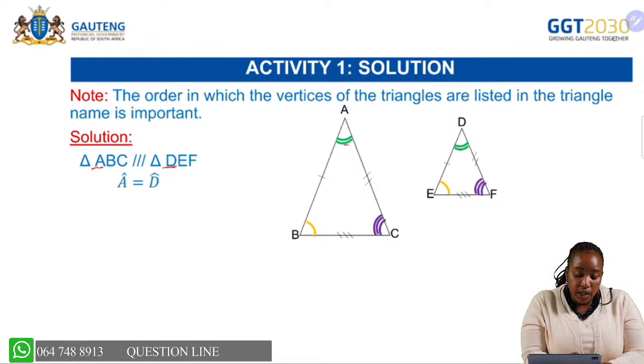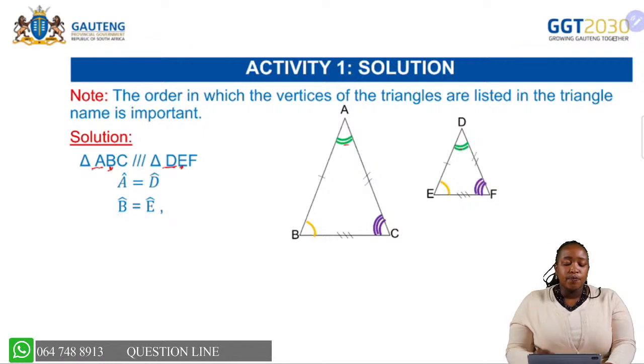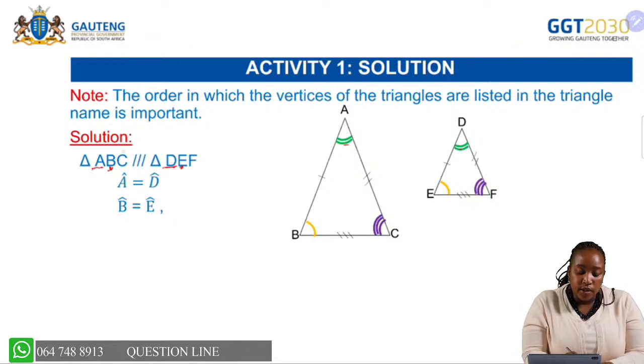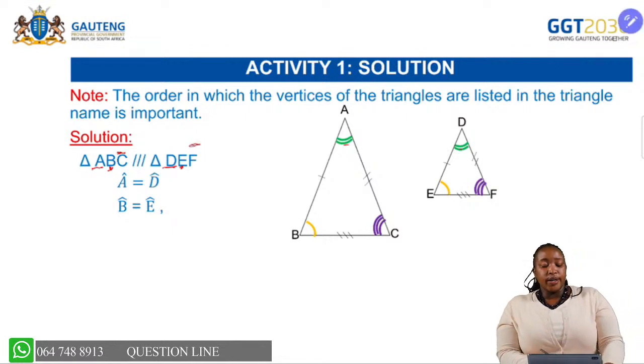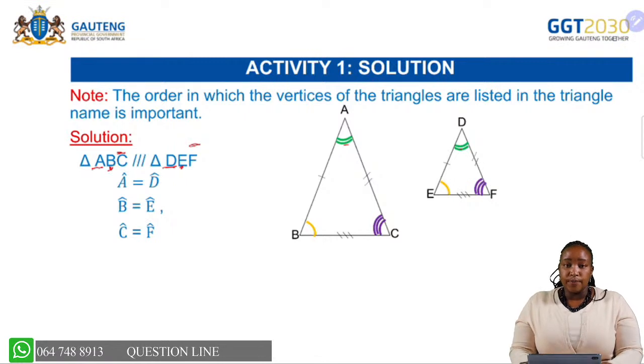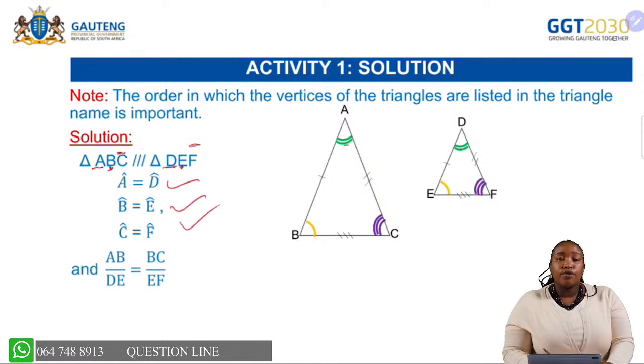Angle B corresponds with angle E. Therefore, those two are equal. And the last pair is this one. Angle C corresponds with angle F. So those two are equal. If you have all three of those, you would get a mark for each of the angles that you were able to identify as equal.